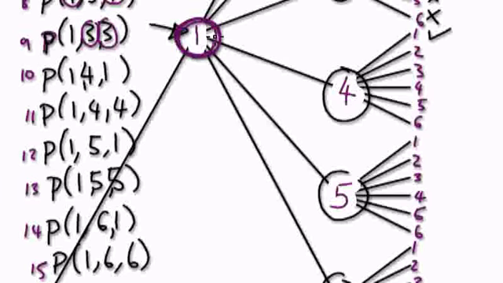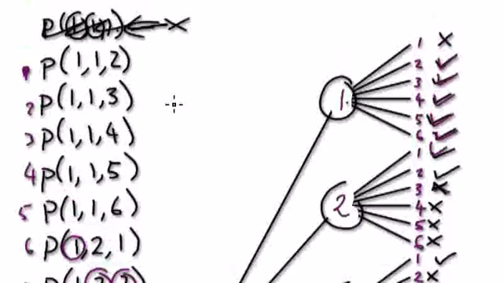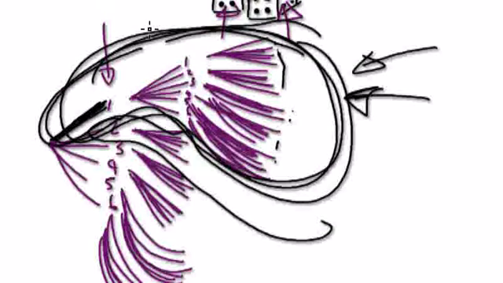Remember, this is only for the first branch. So going back to this one branch here, there were 15 good outcomes.